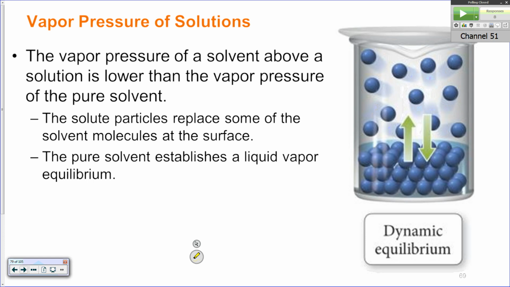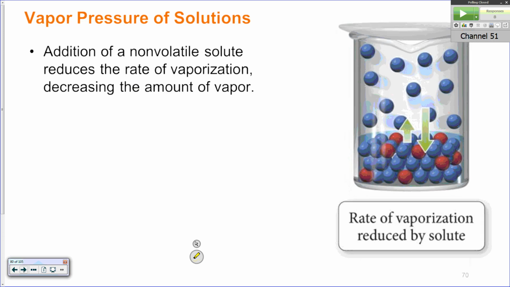When we look at the boiling point, the way that we measure a boiling point is by looking at vapor pressure, and when that vapor pressure equals atmospheric pressure, that's defined as the boiling point. So what happens with the vapor pressure of a solvent itself compared to that of a solution is that when the equilibrium establishes for the pure solvent, it's different than what happens when you have a solution.